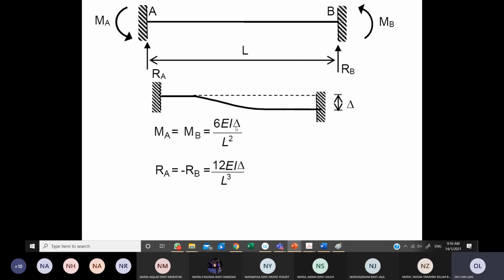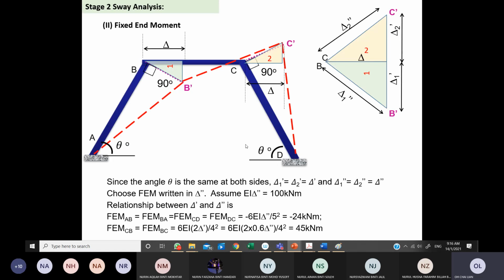That is why we want to get this delta. We do not want to have so many symbols in all of our fixed moments, only one. So I will represent all my fixed moments just using delta double prime.